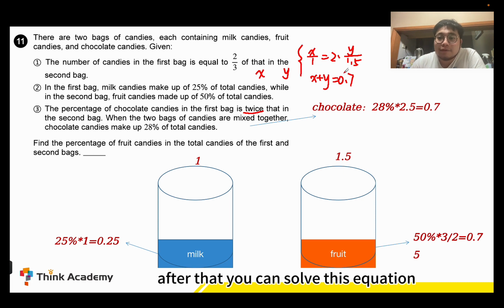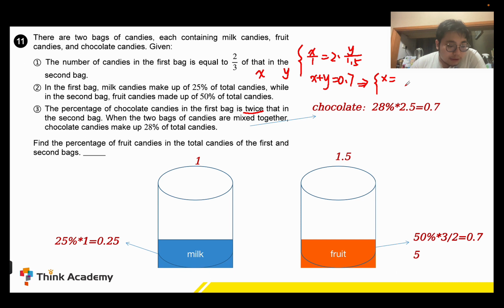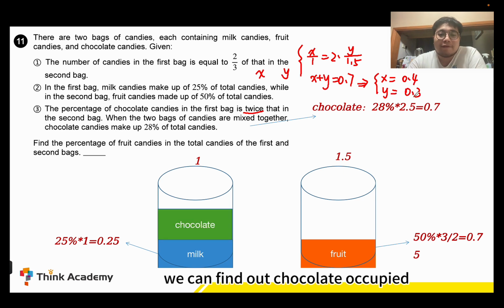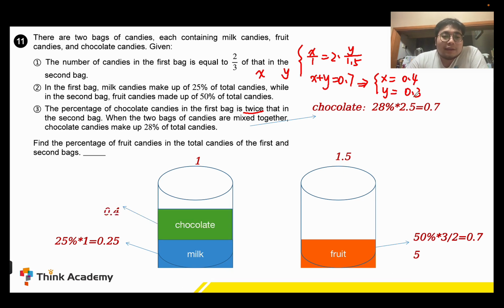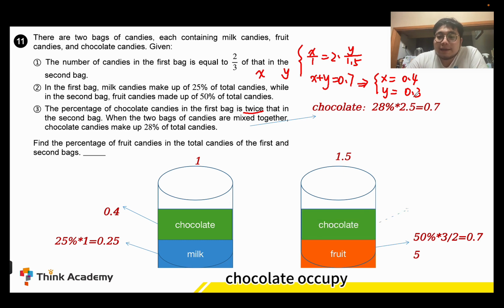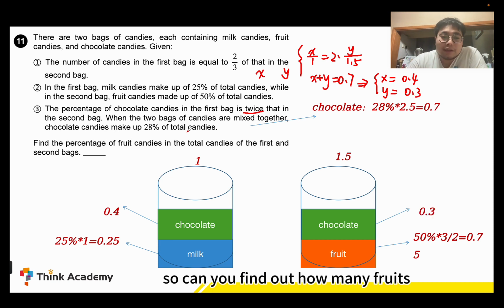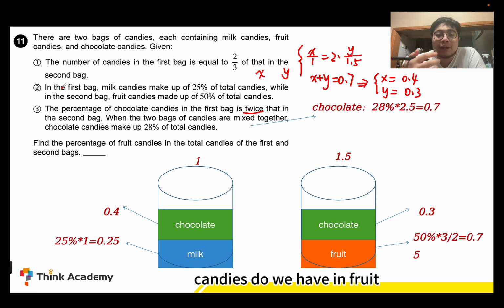After that, you can solve this equation, and I'll just tell you the answer. X equals 0.4 and Y equals 0.3. So we find chocolate in bag 1 is 0.4 and chocolate in bag 2 is 0.3. Okay, so can you find out how many fruit candies we have in bag 1?